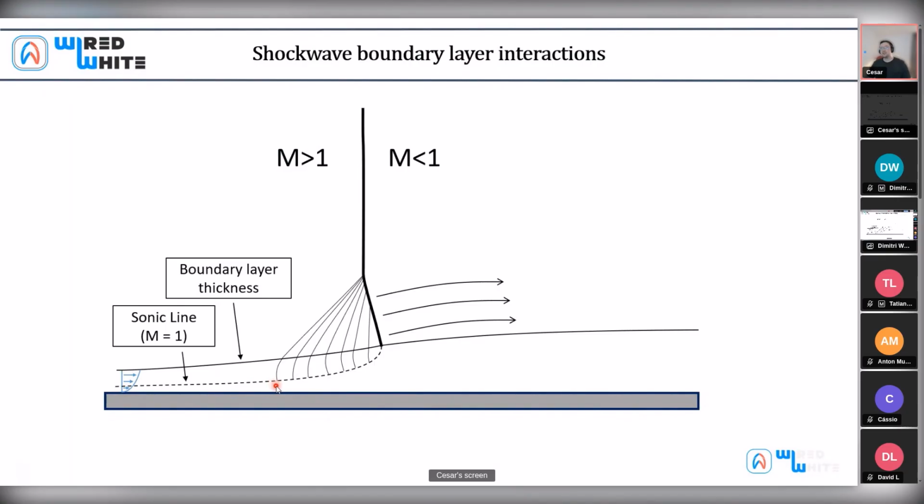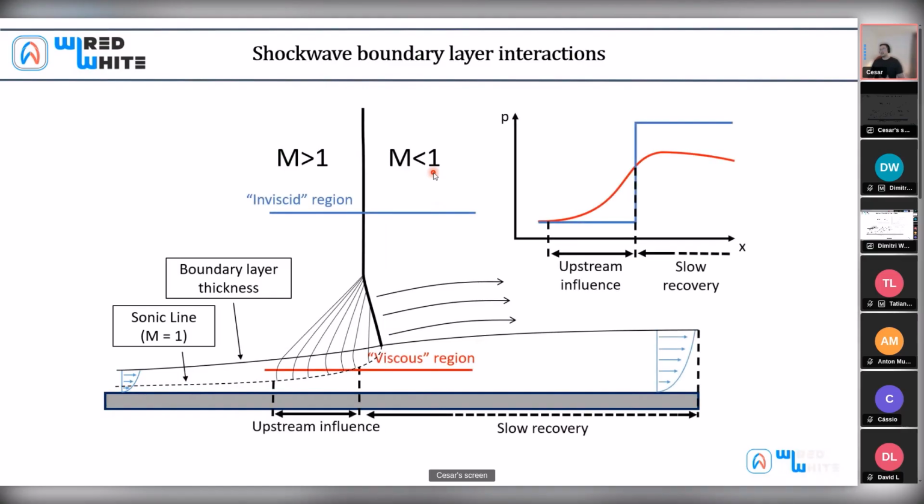As a consequence, the reaction is to release an oblique shock wave, and this oblique shock wave increases the pressure, reduces the velocity, and therefore it tilts once again the sonic line. So you'll have this reaction over and over again, forming infinite shock waves that will always end in a normal shock, bringing the flow down from supersonic back to subsonic.